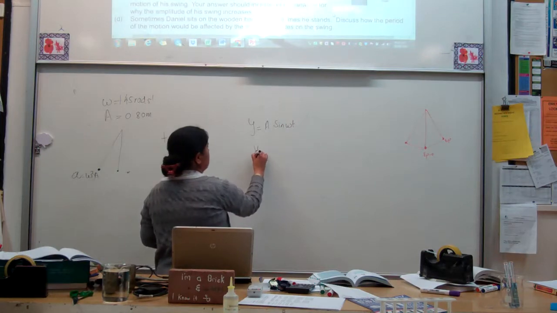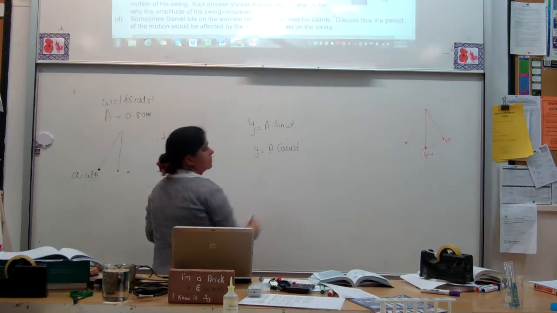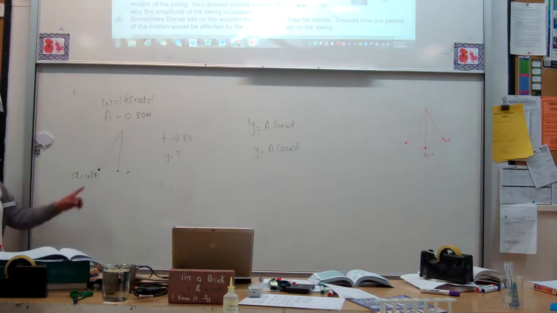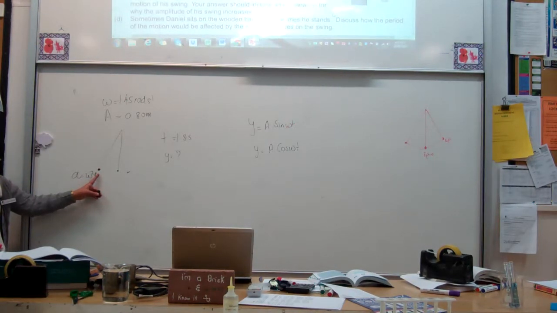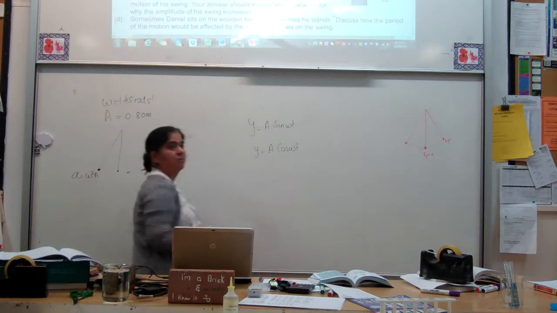We will use this equation: A cos omega t. At time t equals 0, he is at maximum displacement. So we will use the cos equation, not the sine equation. Get it? Lawrence, what's the problem? I think you have a question. Did you say we use sine? Now we use cos. People told me to write sine, so I wrote sine.